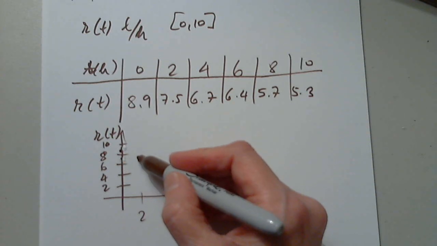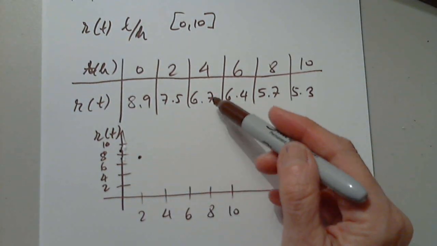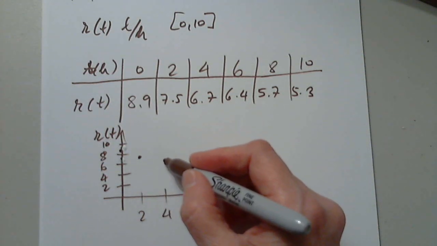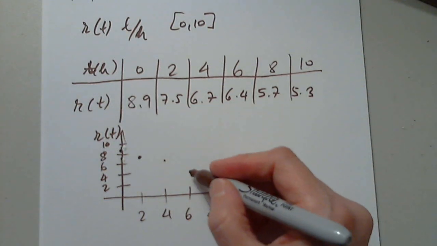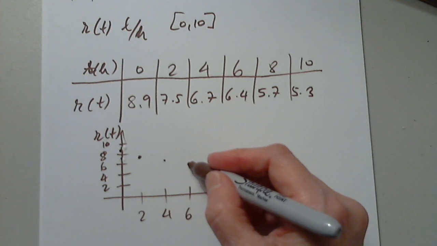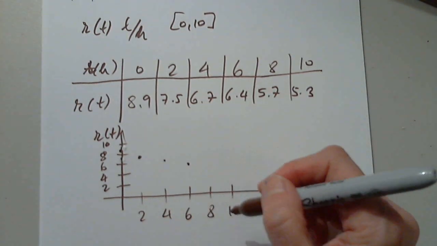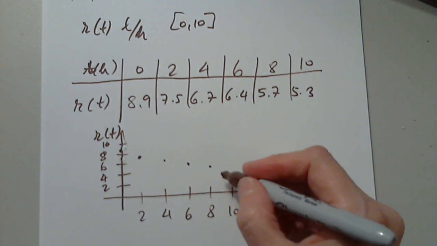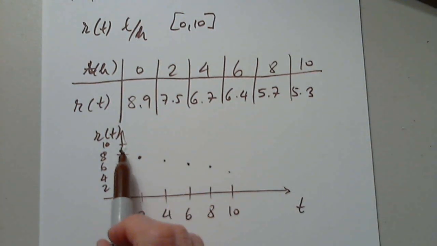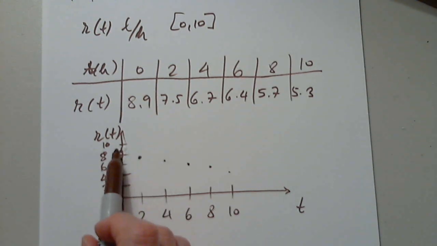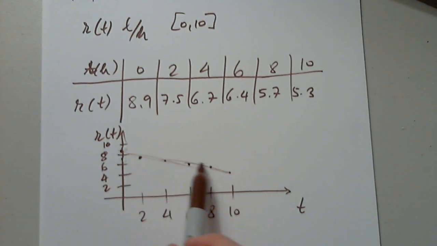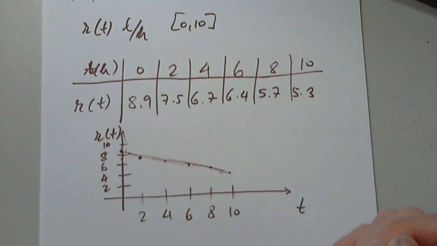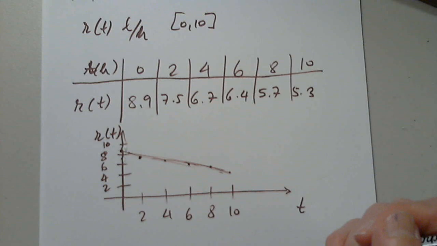So this is 7.5. And then at 4 is 6.7. And at 6 is 6.4. My unit is not very good. 5.7 and 5.3. So we see that this is, I'm not supposed to connect, and I'm not really connecting them, but I'm just showing what's happening here.